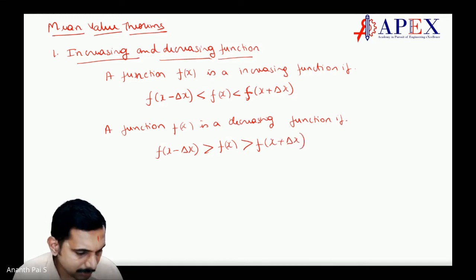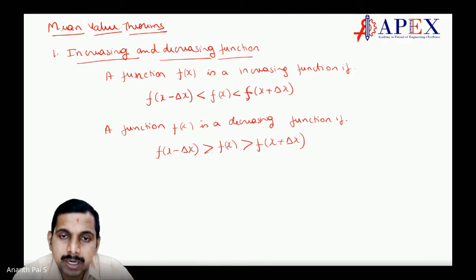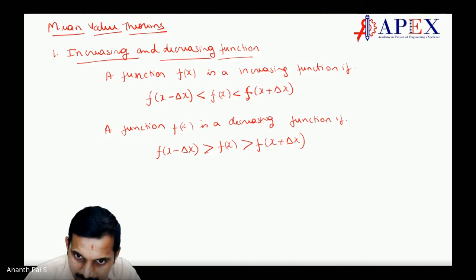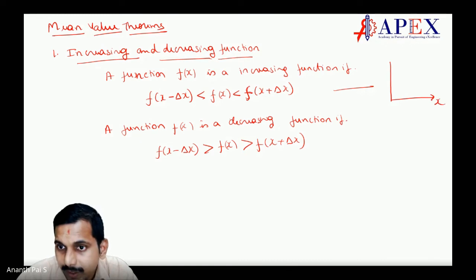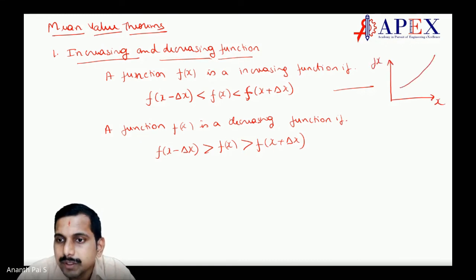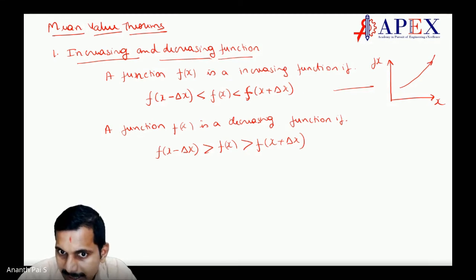Now what does that mean? Both these conditions determine when it is an increasing function. If I have x and f of x, this is an increasing function, going in this fashion. When x increases, the f of x value increases.